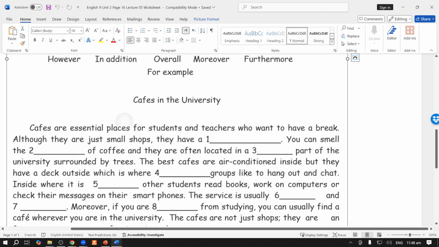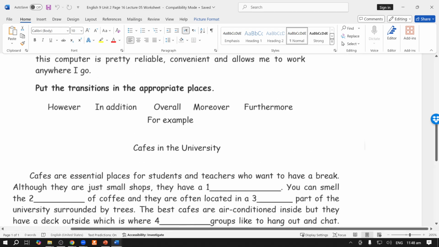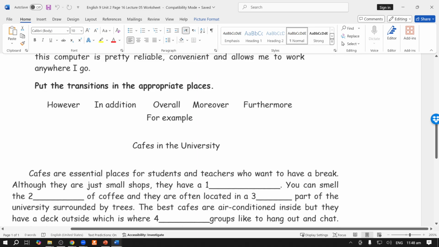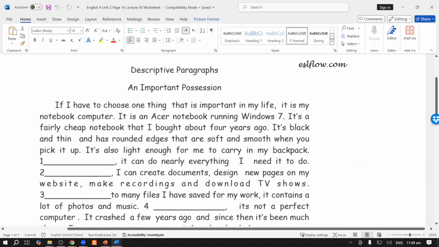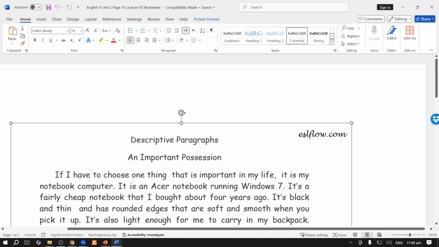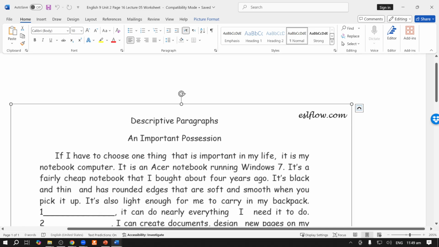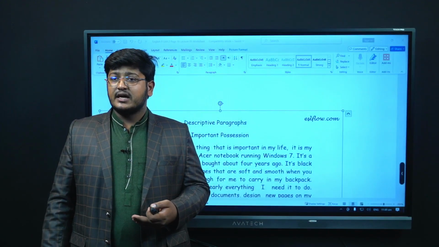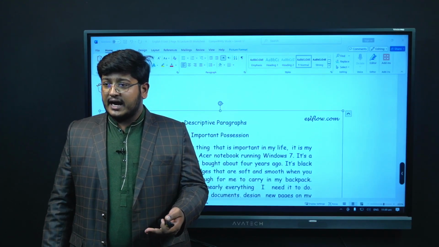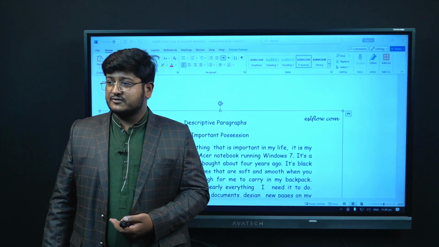So here is the worksheet of this descriptive essay. Firstly, we will understand what a descriptive essay is. I hope you have an understanding of descriptive essays. If anyone has any confusion regarding descriptive essays or descriptive writing, you can raise your hand, unmute your mic, and ask a question.